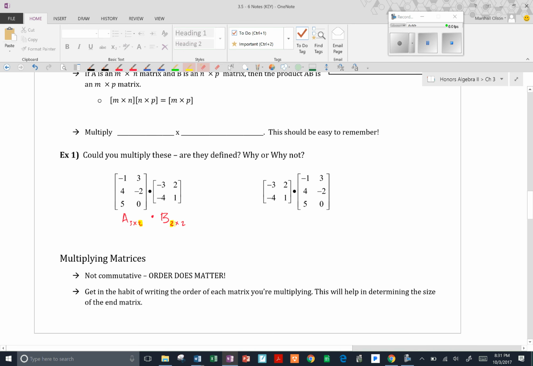Compare those two numbers. Okay, I just call them the inside numbers. The columns from A, the rows from B. They're the same. So if these are the same, remember you can do the matrix multiplication. So we're happy because we're excited to do the matrix multiplication. Now, here's what our new matrix is going to be. Here's what the new dimensions are going to be. 3 by 2. So our resulting matrix, A times B, is going to be a 3 by 2 matrix because of those two outside numbers right there.